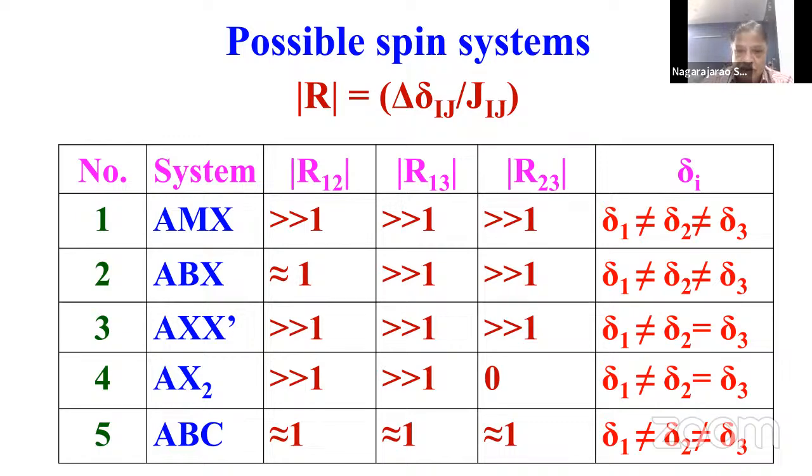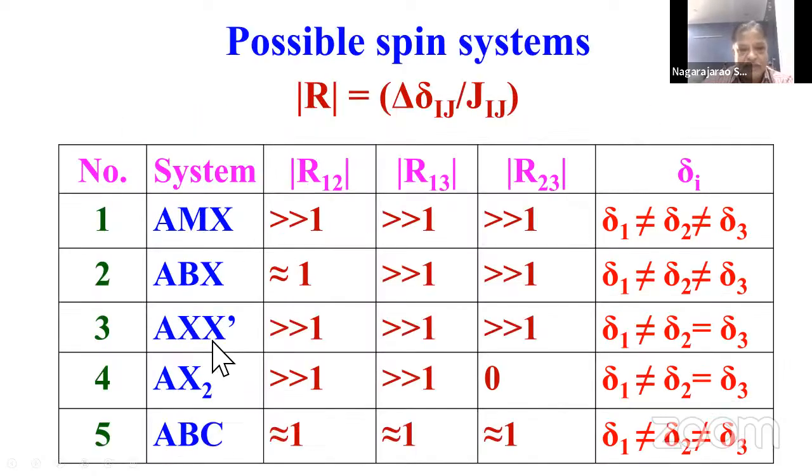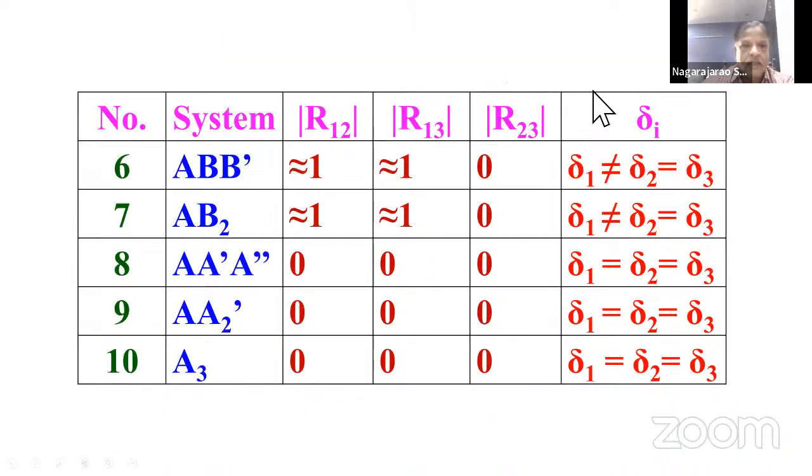What are the possible spin systems? It could be AMX, ABX, AX', AX2, and then ABC. There are 10 possible spin systems for 3 coupled spins.